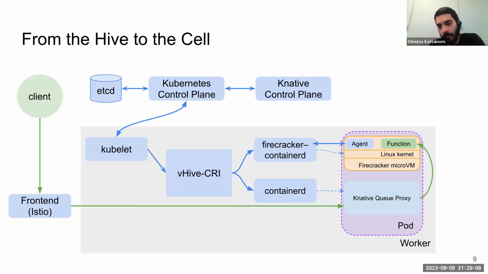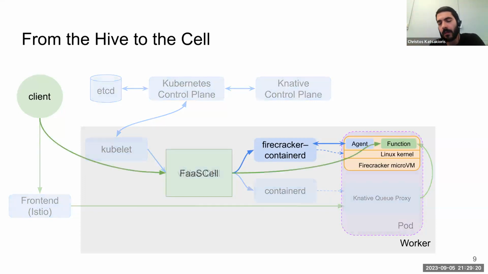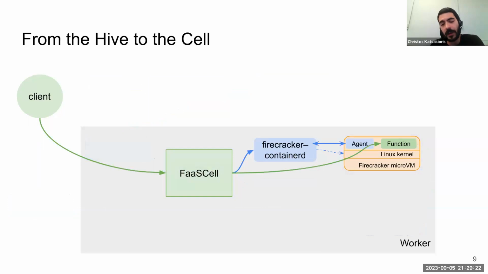So stripping this figure from everything related to Kubernetes and from the parts of the vHive CRI that we don't need for our kind of research, what we're left with is a micromanager that we find significantly easier to deploy, but also to develop, to debug, to extend, to understand, and to identify performance bottlenecks in. So this is where FaaSCell fits into this picture.